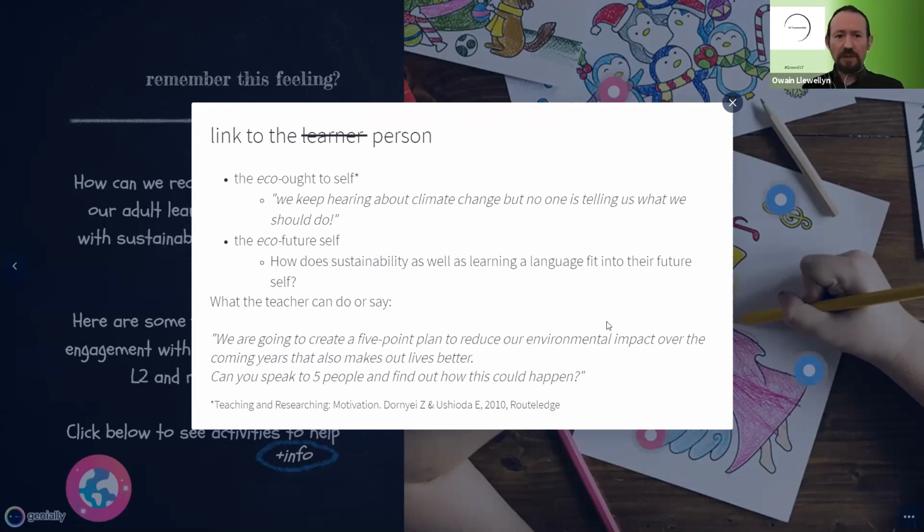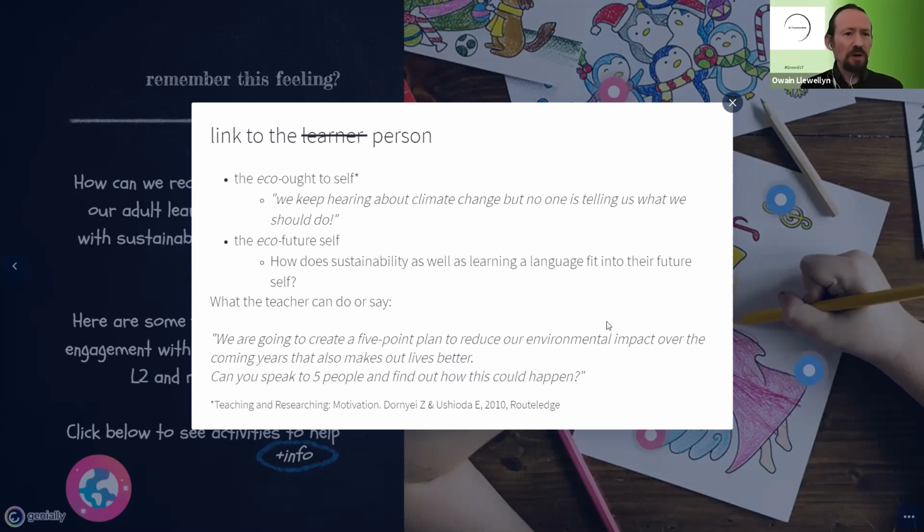And the eco future self, how does it fit into their future selves? Well, obviously they want to live on a planet that's habitable, so that fits in. They may wish to live in a city where they can cycle everywhere, or they may wish a car, the American one, Elon Musk's.